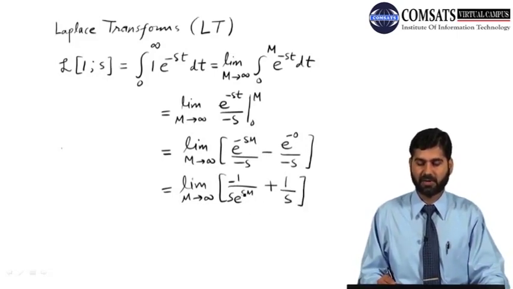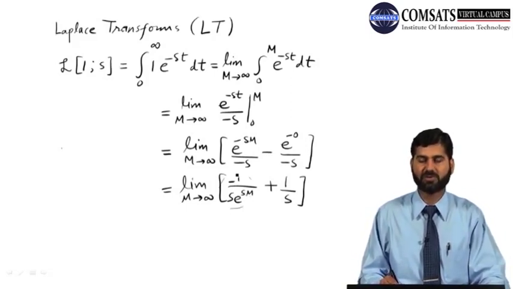So now if s is positive, then m going to infinity will make this thing go to 0. But if s is negative, then this will come up here. If s is negative, then this is positive m, so if m goes to infinity, this will go to infinity.